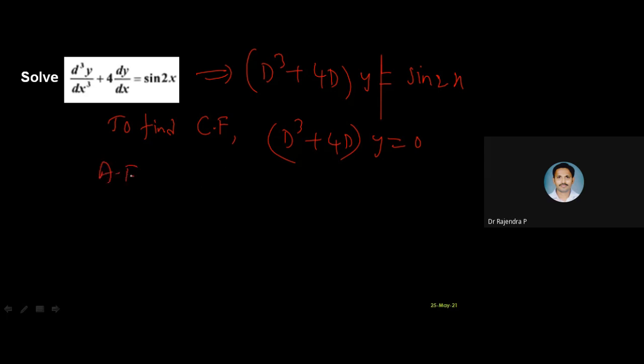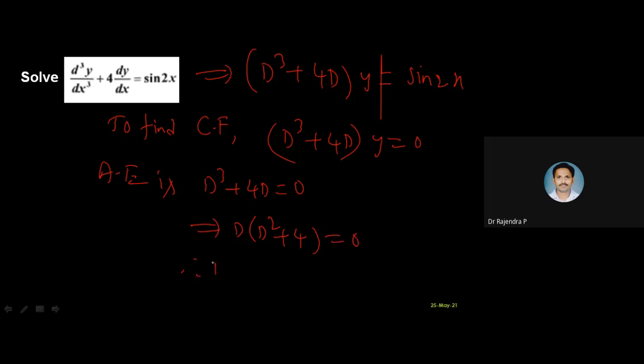So what is your auxiliary equation here? D cube plus 4D equals 0. Taking D common, D into D square plus 4, which is equal to 0.